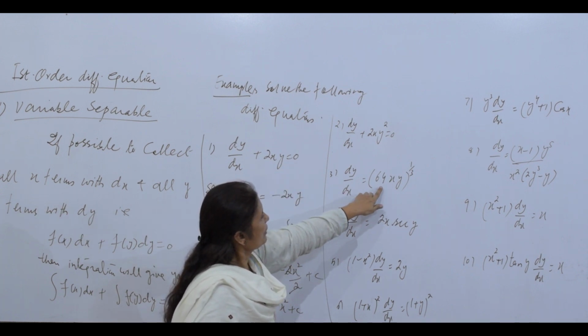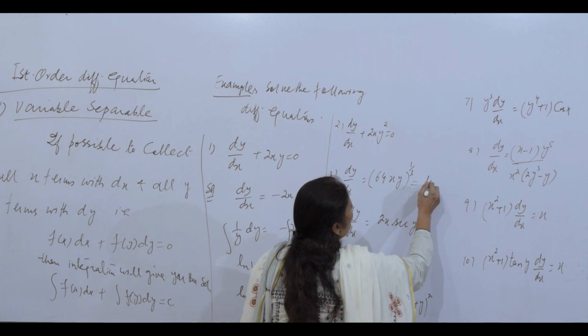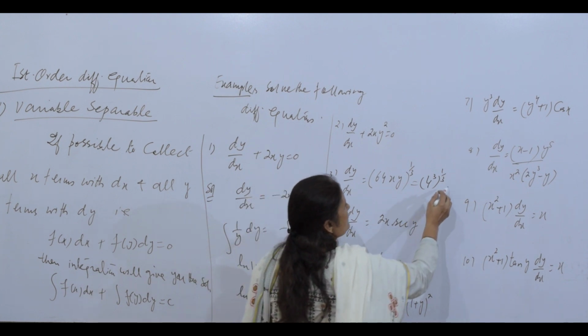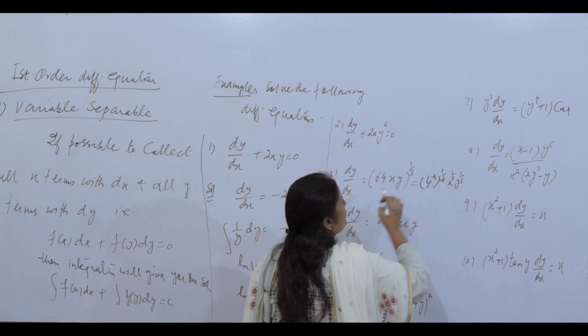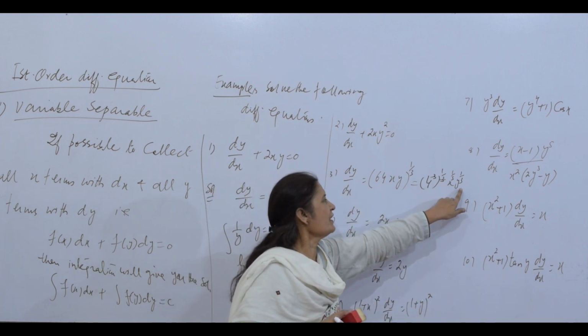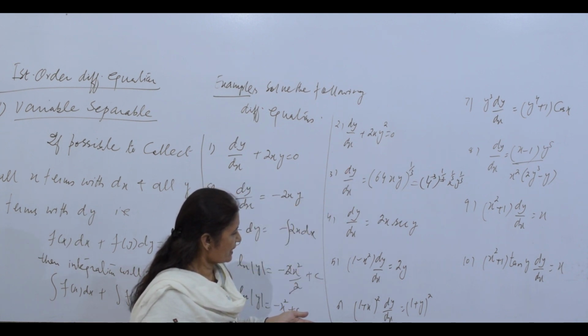In this question, you can write 64 as 4 raised to the power 3, so 4 cube is 64, and this is x to the 1 by 3, y to the 1 by 3. So the 3 goes. Bringing dx with x raised to power 1 by 3, and y to the 1 by 3 in the denominator, solve and get the answer.